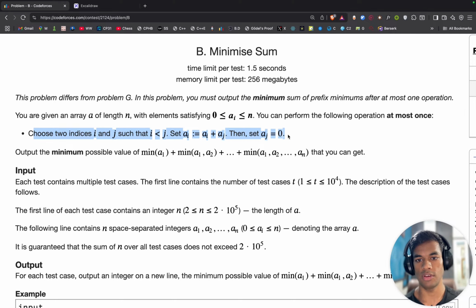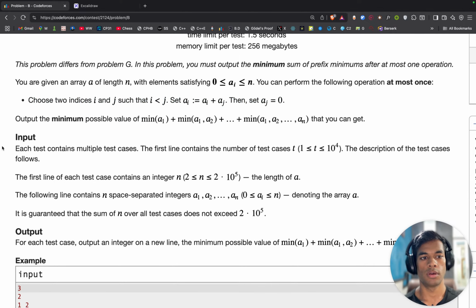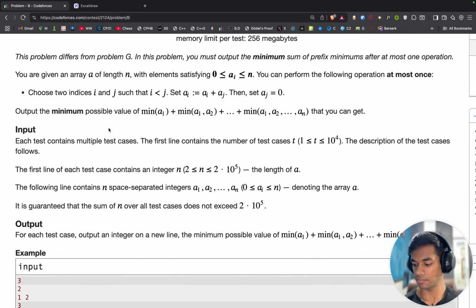Then set A_j equal to 0, and output the minimum possible value of min of A_1, plus min of A_1 and A_2, and so on, till the minimum of all the elements you can get.